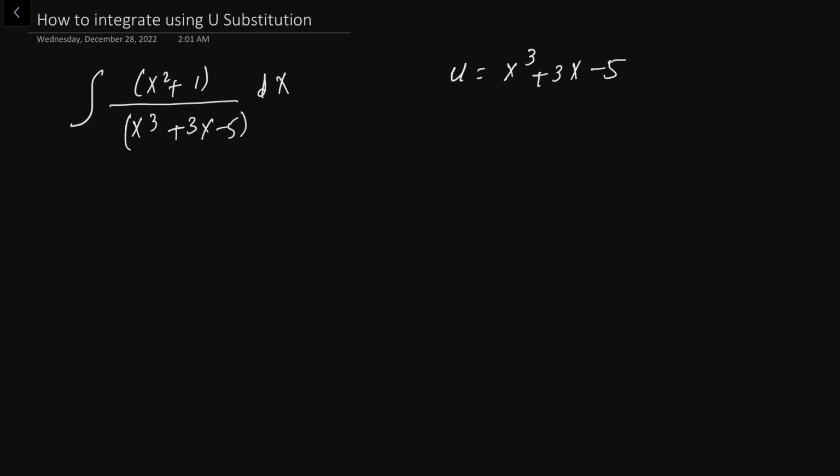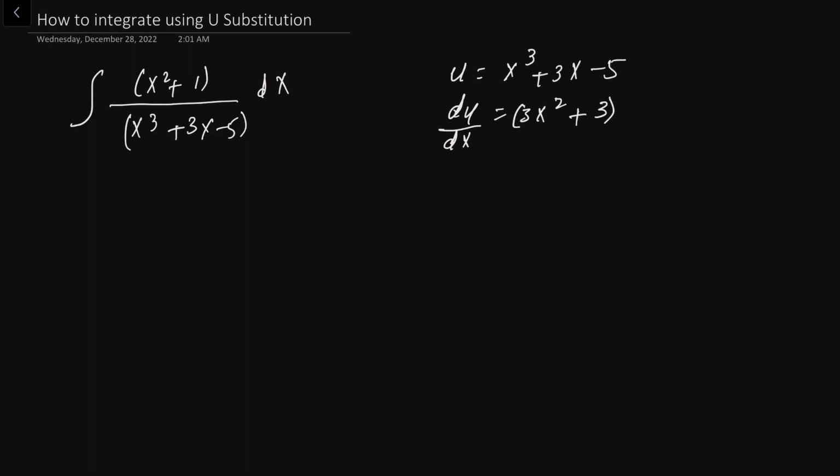When we get the du, what's the derivative of x cubed plus 3x? It's 3x squared plus 3. That's my du over dx.